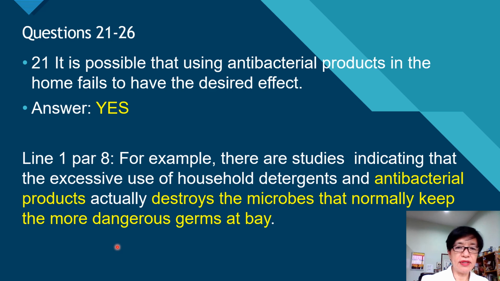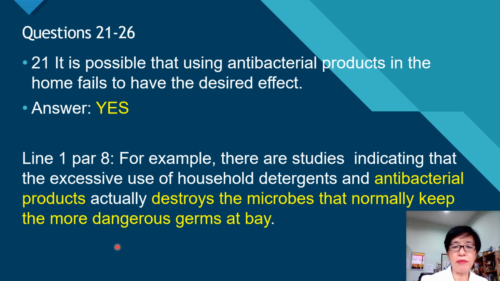For example, there are studies indicating that the excessive use of household detergents and antibacterial products actually destroys the microbes that normally keep the more dangerous germs at bay. Why do we use these antibacterial products in the first place? Because we want to destroy bacteria.